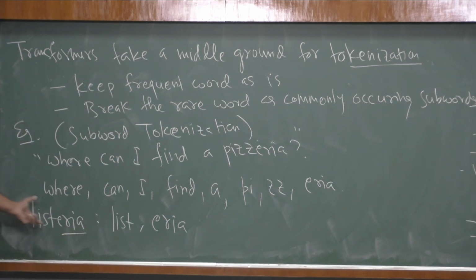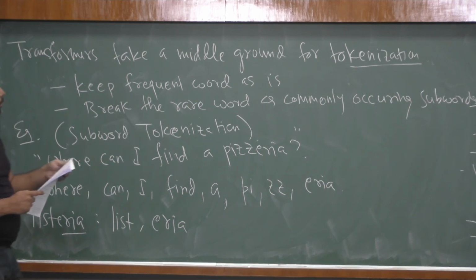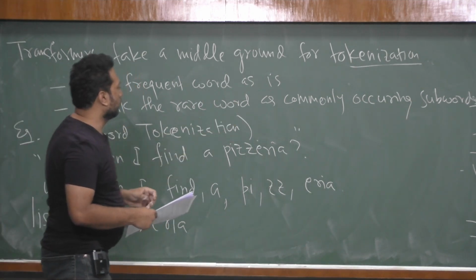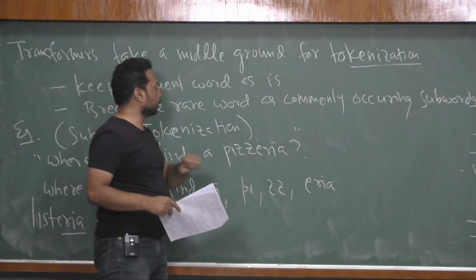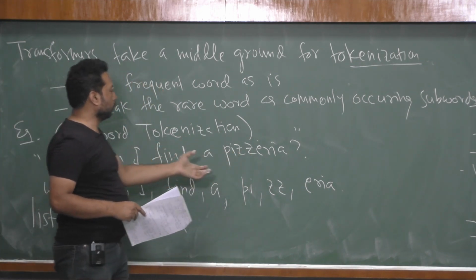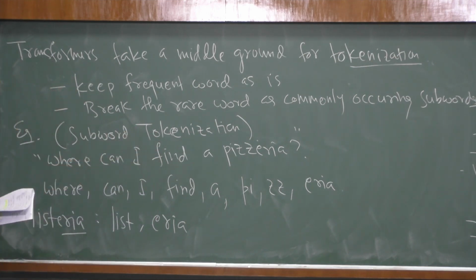So we can have a subword decomposition of these words like that. This is called subword tokenization. It's a middle ground of not going to the character level, nor remaining at the word level trying to represent all unique words, but rather breaking them so that those small portions, although they may not be meaningful words, are quite common.